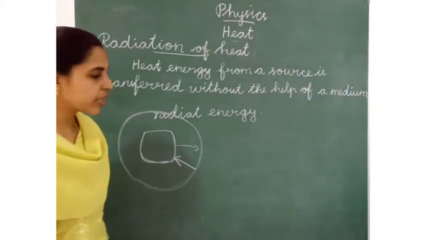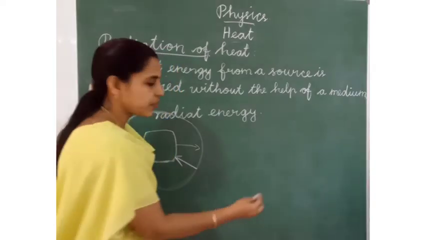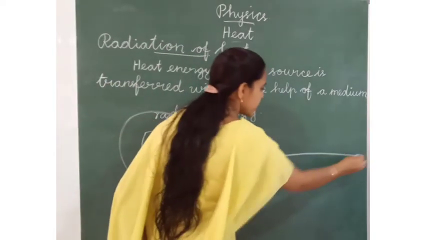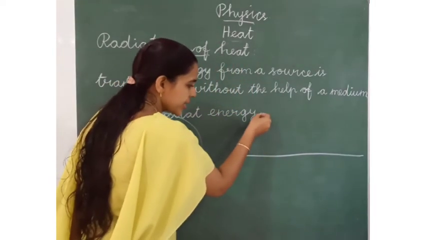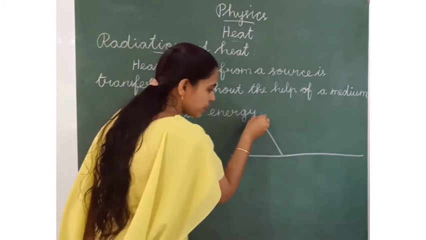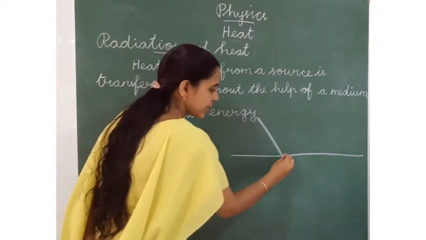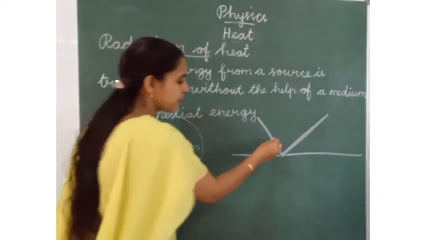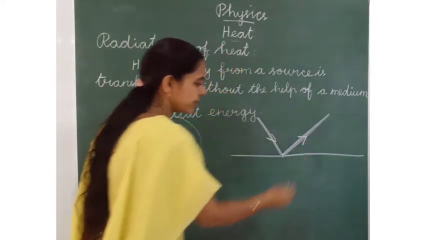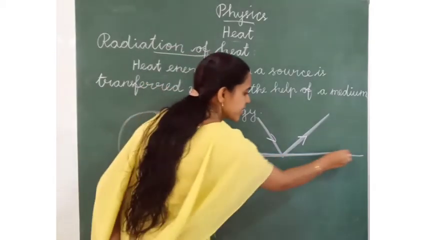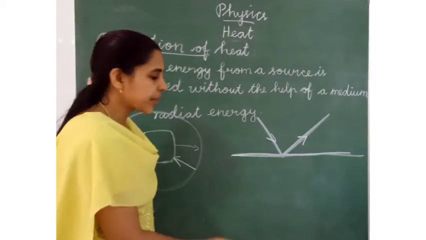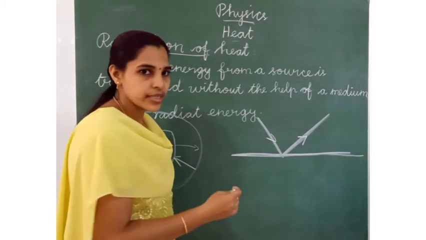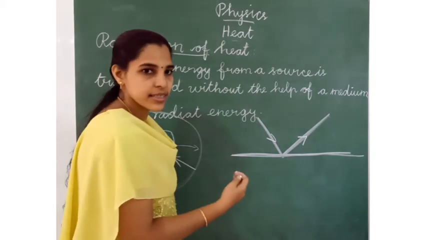Next one is good reflector. Already we have learned about reflection. If the heat is transferred here, it will be reflected. If the heat is reflecting, the surface is very shiny, like clean water or glass.